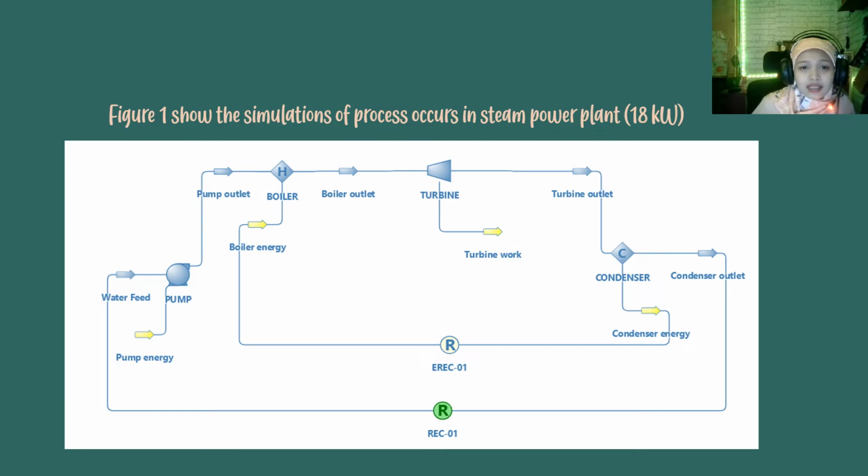As we can see here, we have 4 unit operations and some components here to ensure the stream does not go back to the previous unit operation. Next, we move on to the steam parameters, all the parameters used in this simulation.